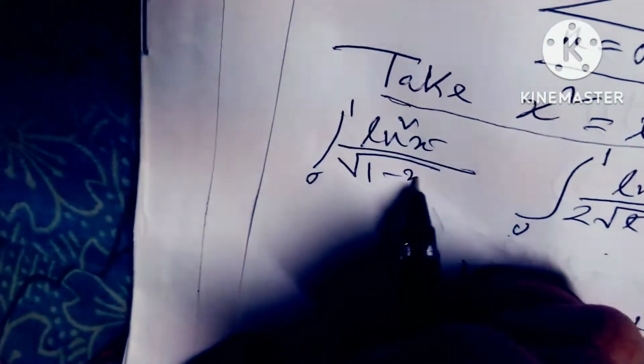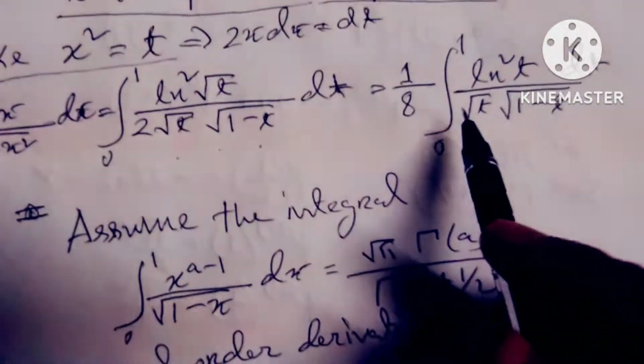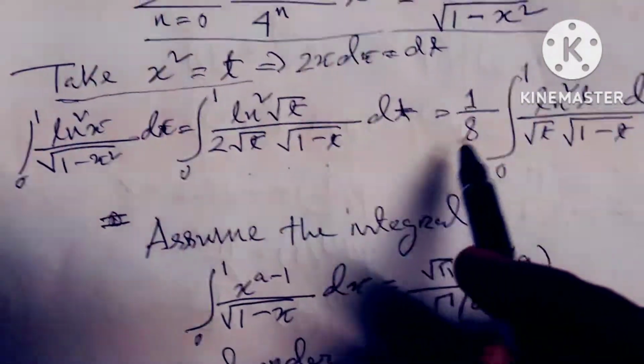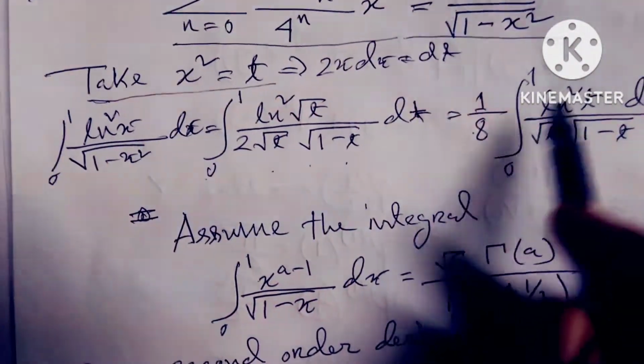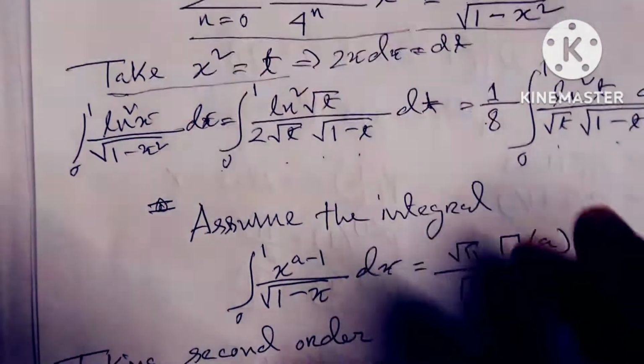So the integral of ln square x over root of 1 minus x square dx becomes this, and after that we get ln square root t, 1 by 8, 1 by 8 ln square t over root t and root of 1 minus t.